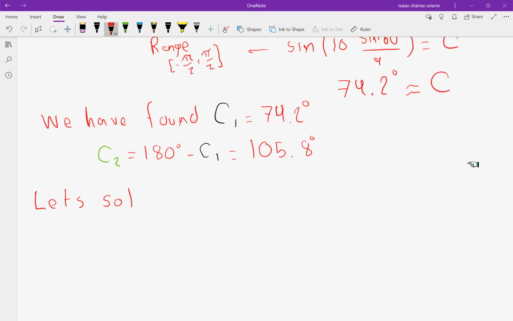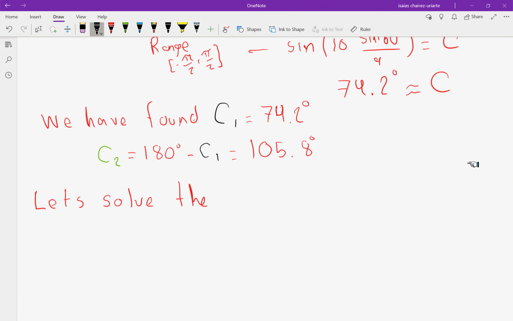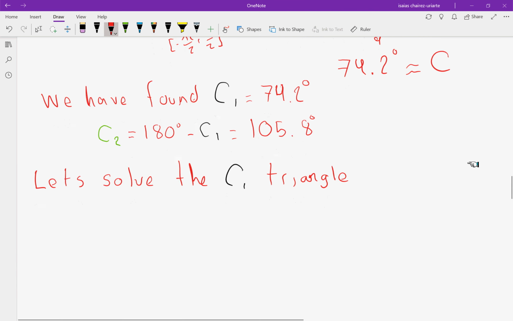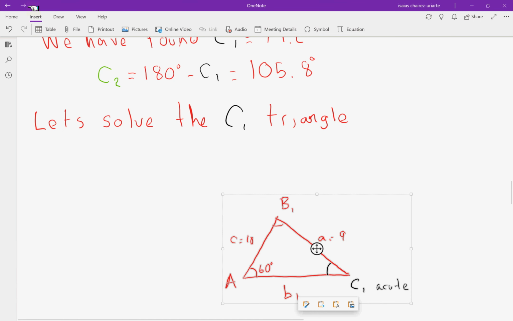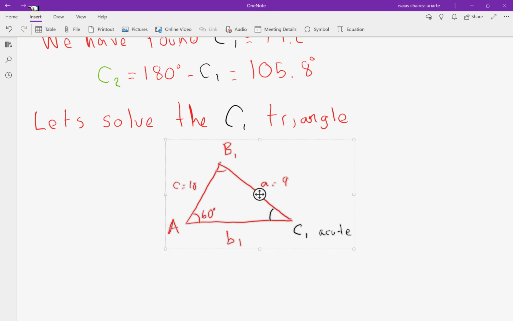Let's solve the C1 triangle. All right, so that's the C1 triangle. Let me move it right there. All right, good. So let's continue solving this triangle.